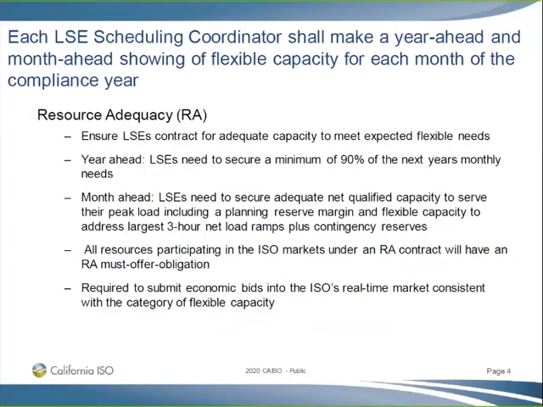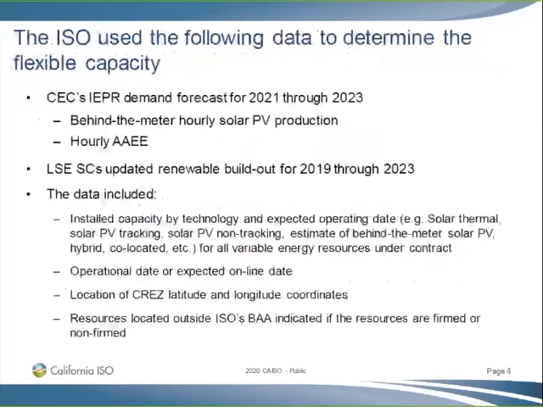And then what we do is we include the contingency reserve requirement for that month, and then include that in the flexible capacity requirement. And each load serving entity needs to submit economic bids to the ISO in real time, consistent with the flex capacity requirement.